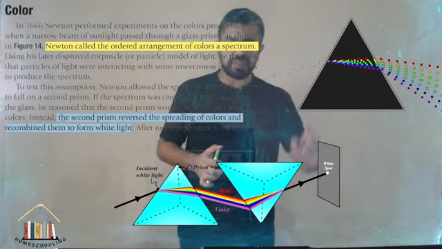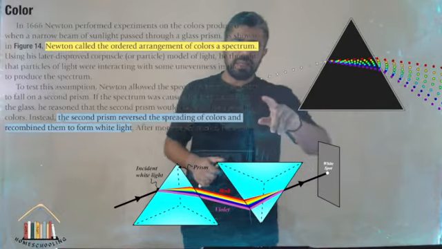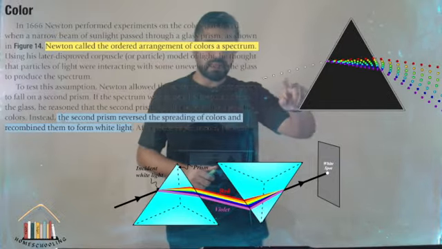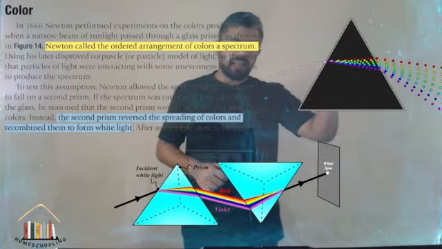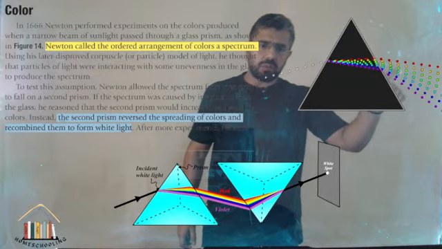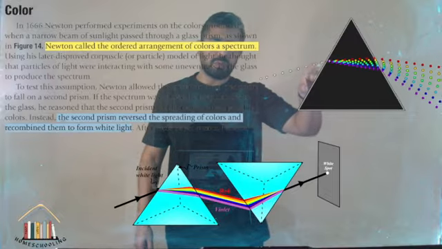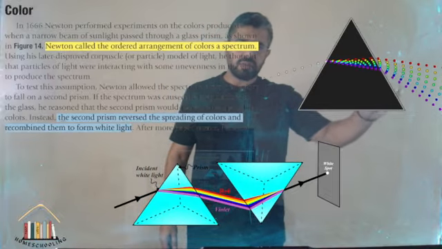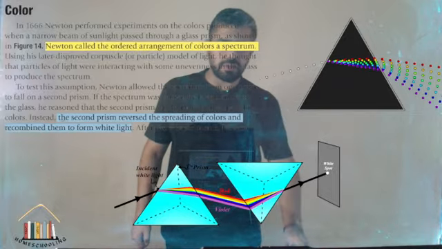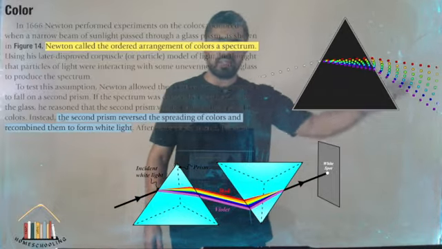He brought a glass prism and passed white light through it, and as an outcome of the prism, the main white light is now divided into multiple kinds of light, and this is what we mean by the colors.